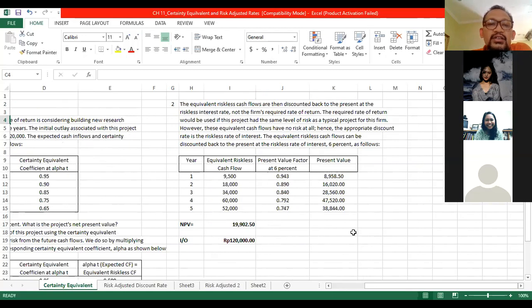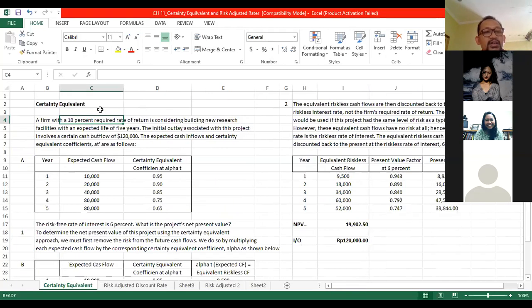The required rate of return will be used if this project has the same level of risk as a typical project for this firm. However, this equivalent cash flow has no risk at all. So this one you don't have any risk, because this is the consideration of the so-called certainty equivalent method, and that's why you use the 6%. This is considered as no risk.